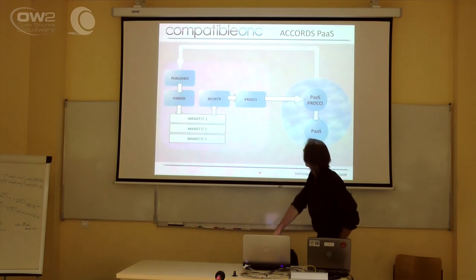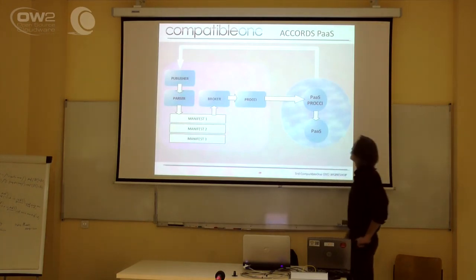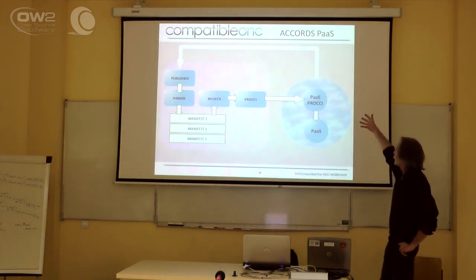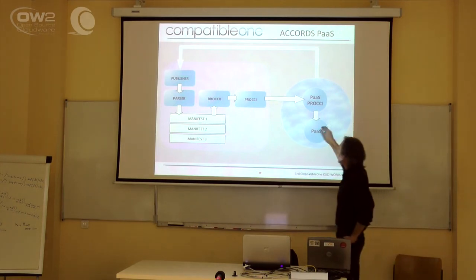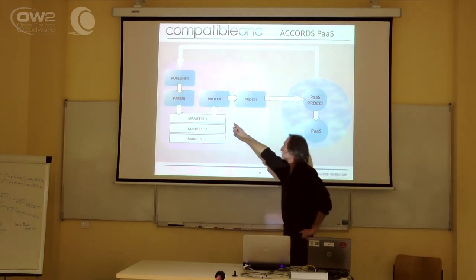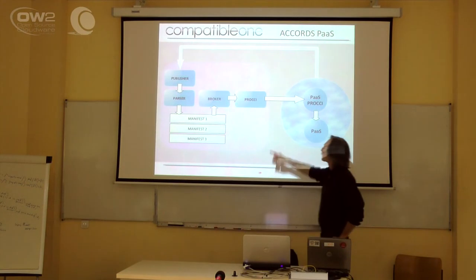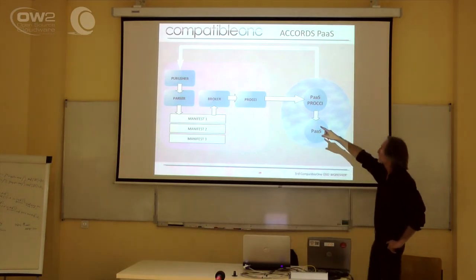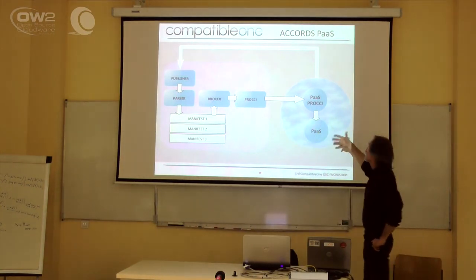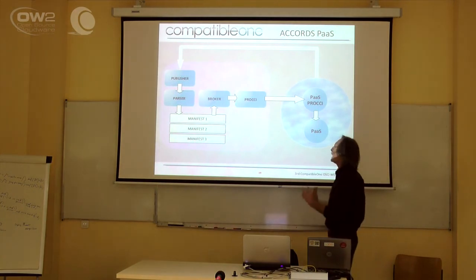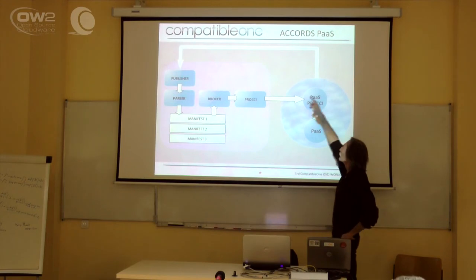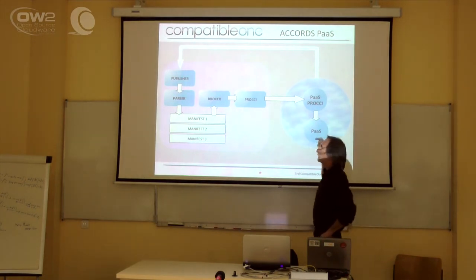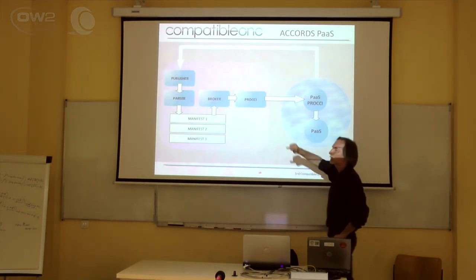But here we have the example of the PaaS platform. The PaaS is described itself by the CompatibleOne manifest. It will be provisioned through the broker and proxy, and once it has been brought live, the PaaS proxy within the provisioning system will hook back to the publisher to make itself known to its janitor system.